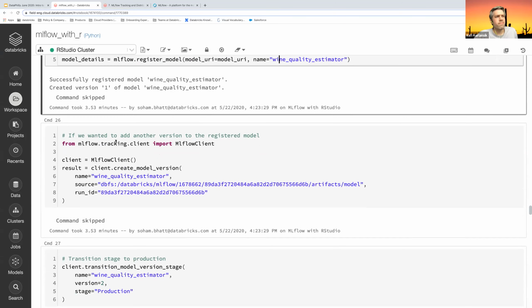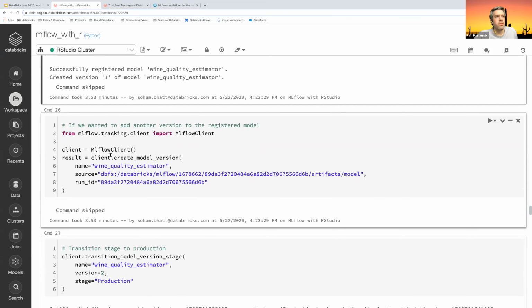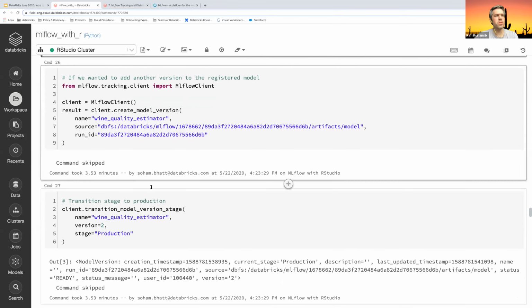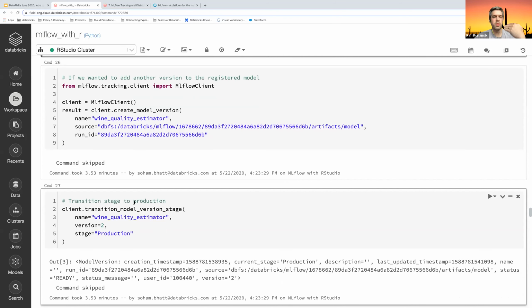And if you have additional versions, you simply use very much the same kind of information, just with a slightly different function, create model version. You can push a new model to that same model in the central repo, and you'll get a new version of that model. And there's also APIs to transition the model from staging to production and to decommission it and things like that.